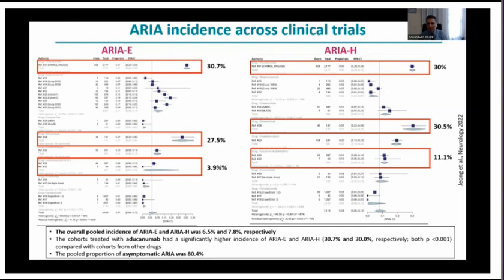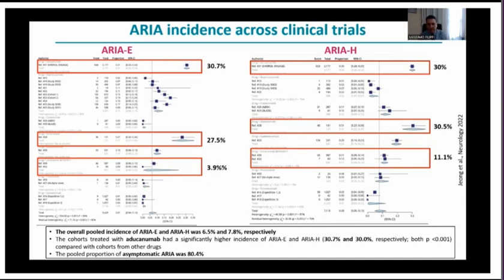But as you can see, aducanumab is the one which is more frequently associated with ARIA-E and ARIA-H events. It is much less frequent in the case of lecanemab, at least for the data we have up to now, both for ARIA-E and ARIA-H. And donanemab stays roughly in the middle between the two.